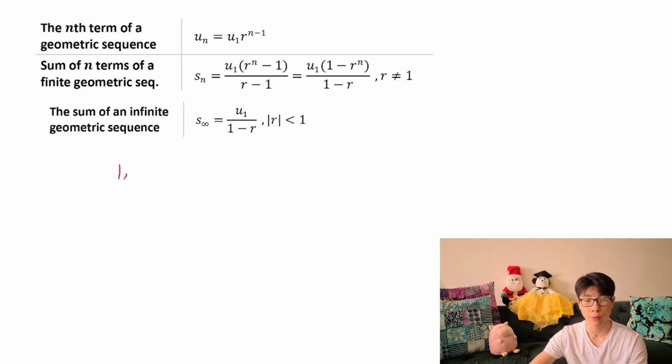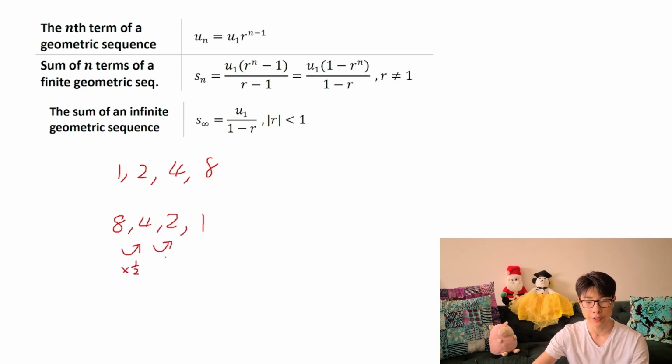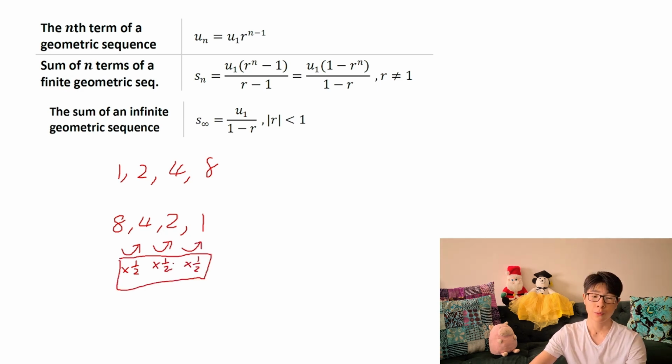In the case that it's greater than 1, it's basically just what we covered just then, something like this, where the common ratio is 2. But we can also have something like this. And in this case, the common ratio is actually a half, because you're going to be multiplying by a half every single time. And what happens is this number is less than 1, whereas this number here is greater than 1. And they are all the common ratio.